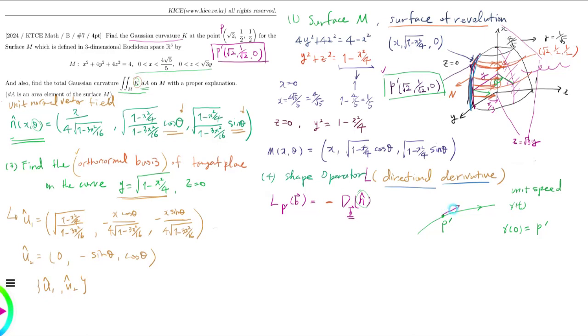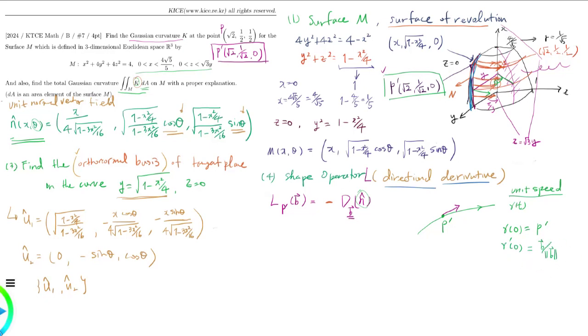Its tangent vector gamma prime at t equals 0 should be the B direction, and since it has unit speed, it's a normalized B vector here.